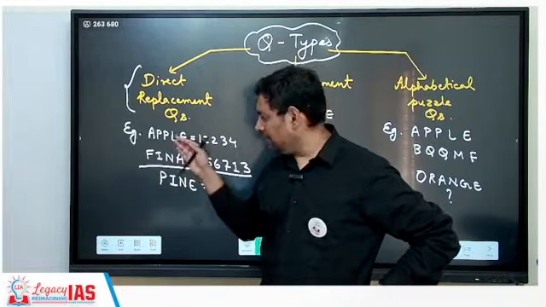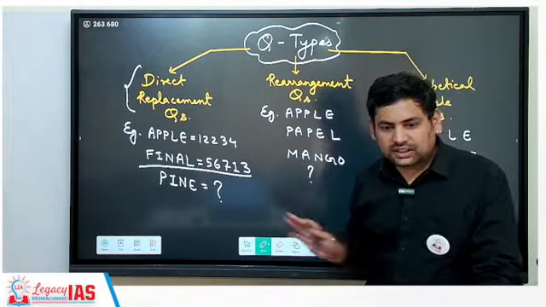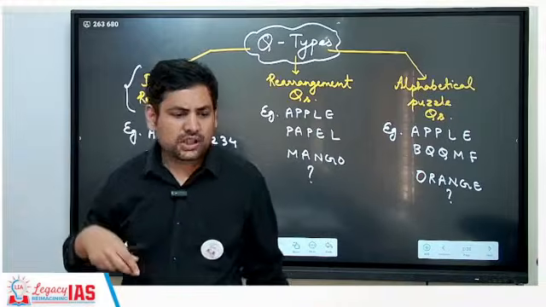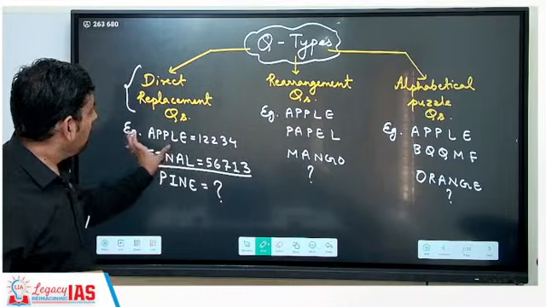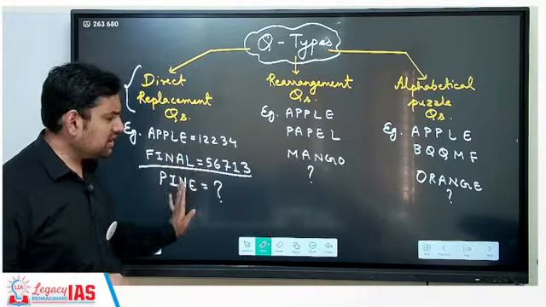Based on this, you need to guess some other word. This is how it works. I am calling it direct replacement because you just directly have to find these letters and replace them. Very simple. This is the simplest type.